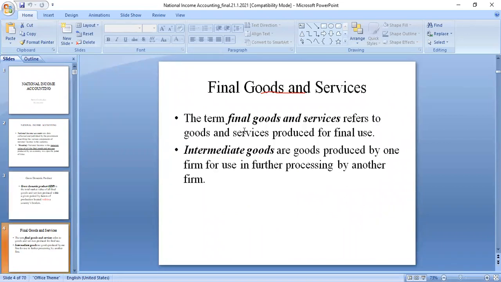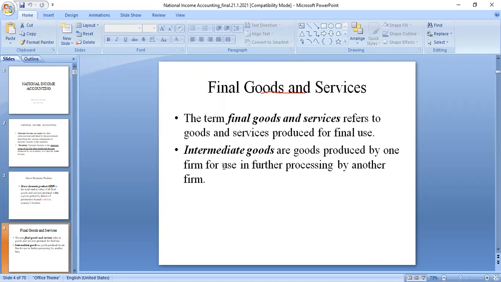Now, these final goods and services are basically what we would refer to as final output, for example, final output for final use. Then we have intermediate goods. An intermediate good is a good that can be both a final good and an input in the production process. For example, milk is an intermediate good, raw milk, right?